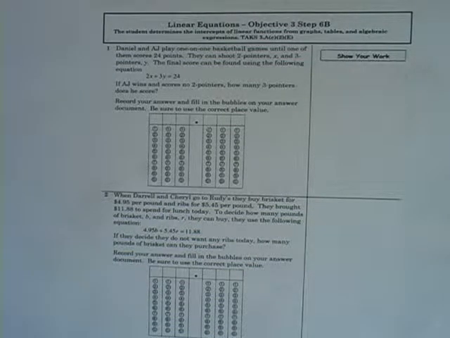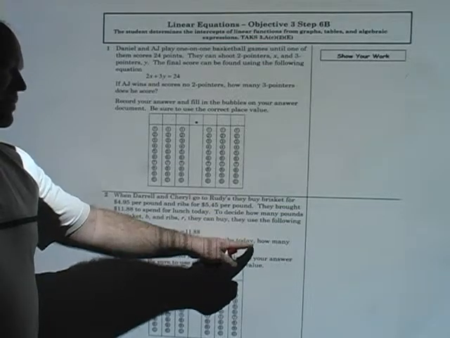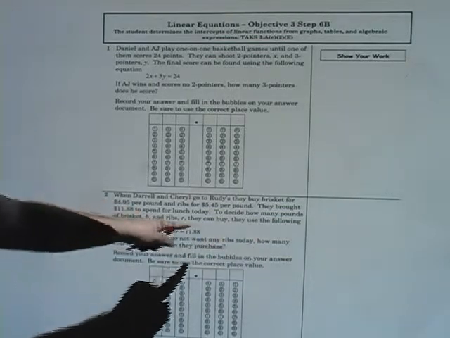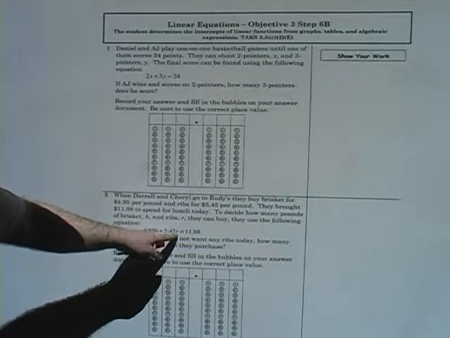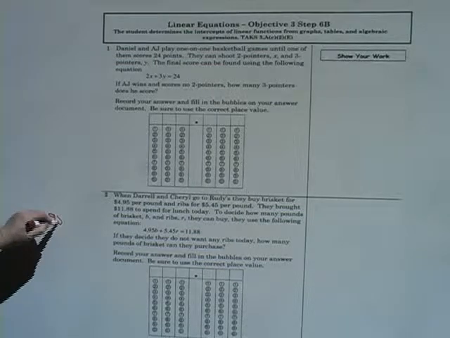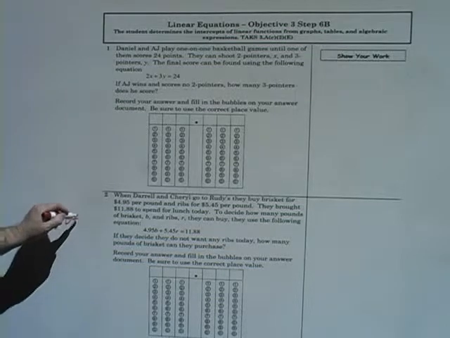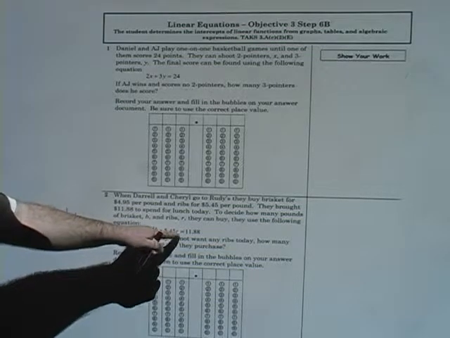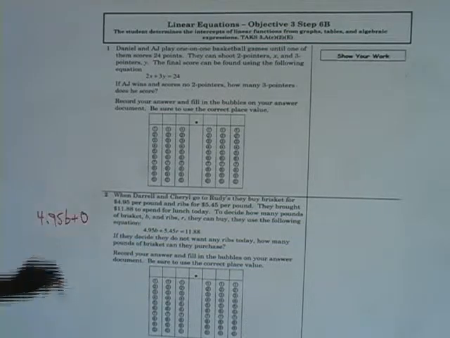If they decide they do not want any ribs today. Okay? What does that mean? If they're not going to buy any ribs, then up here where it says R, we're going to let that equal 0 because they don't want any ribs. So 4.95B plus 5.45 times R, but R is 0, so we can just put a 0 there.